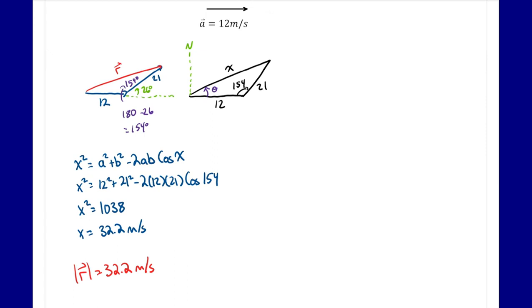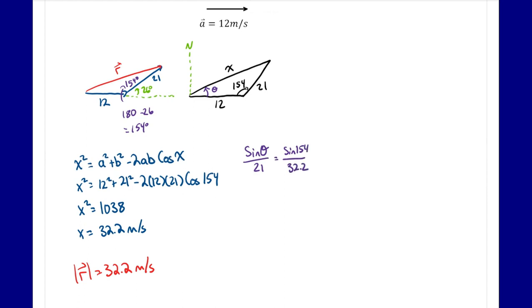So to figure out that angle, I'm going to need to use sine law. So sine of that angle over 21 is equal to 32.2 over 154. Cross multiply, we get sine. I messed it up, sorry. Let me go back. Not 322, it's sine 154 over 32.2.